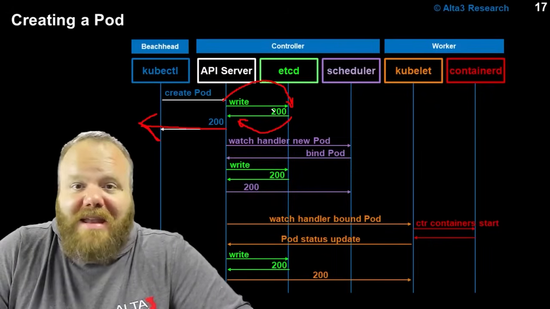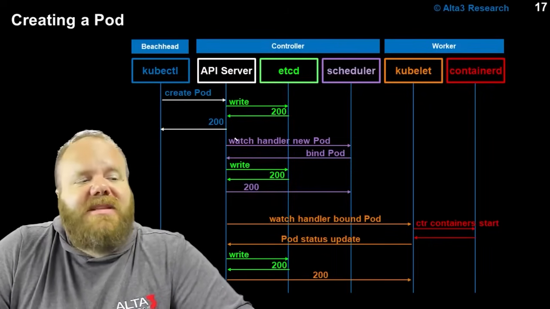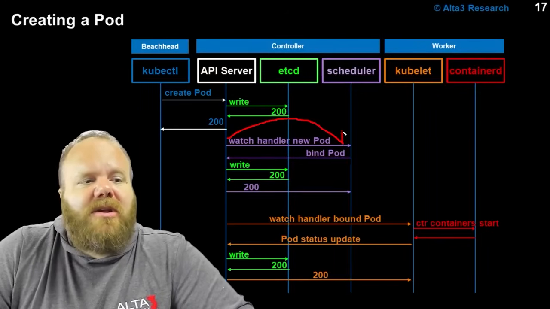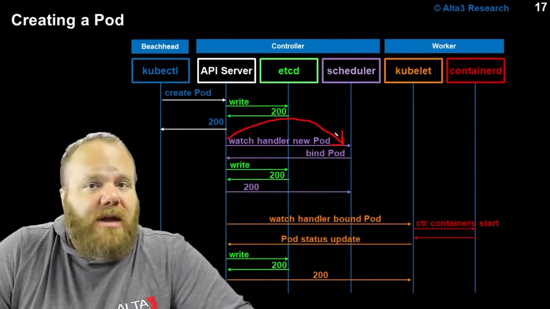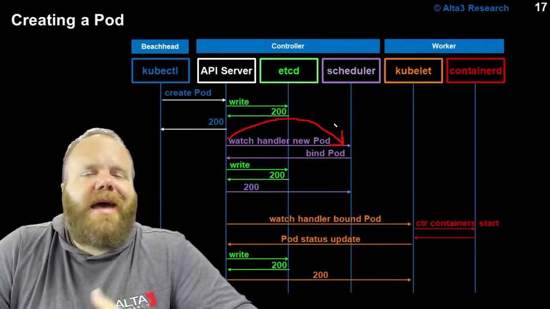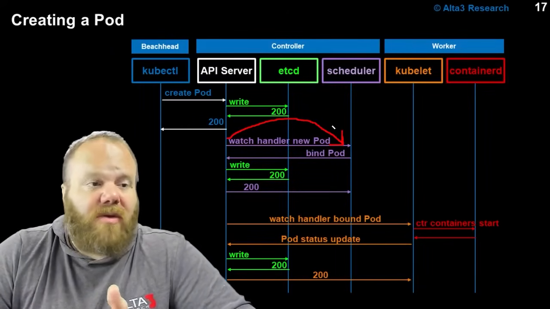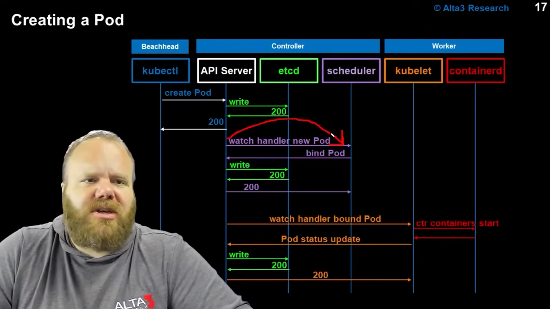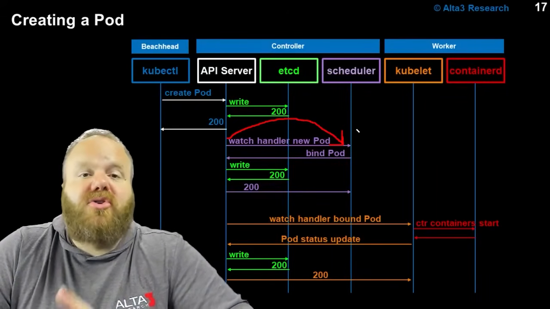But is the pod made yet? No, not by a long shot. What happens next is that our API server needs to know where this pod is going to go. So it goes to the scheduler. And assuming that our manifest did not say explicitly where we wanted the pod to go, the scheduler is what is going to make that decision. Let's go ahead and put that on top of worker node number 2.